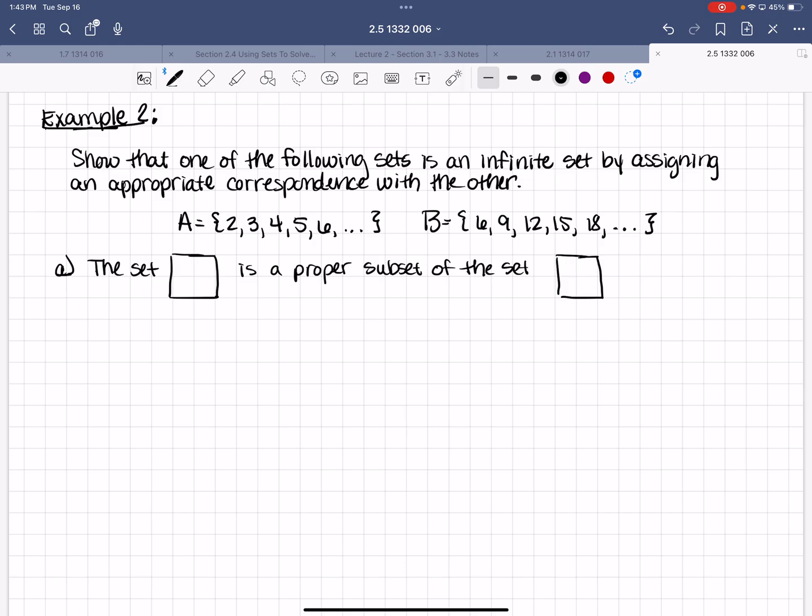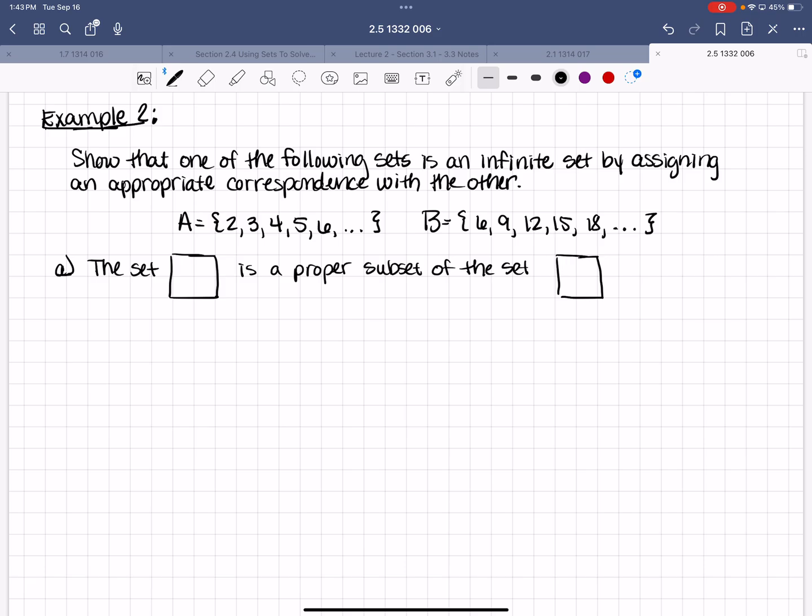Okay, so do you think A is a subset of B, or do you think B is a subset of A? A is subset of B. Okay, if A is a subset of B, that means I can pull a 2 out of B, I can pull a 3 out of B, or 2, 3, 4, and 5 in B?